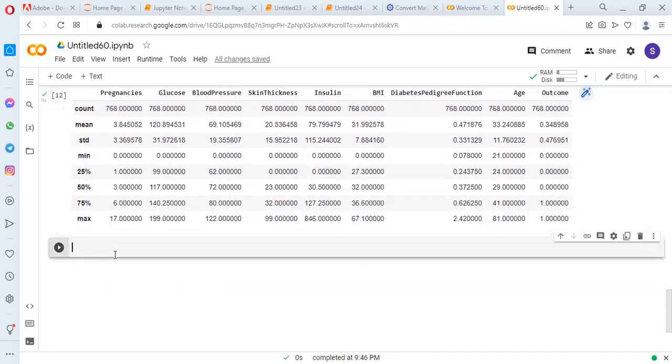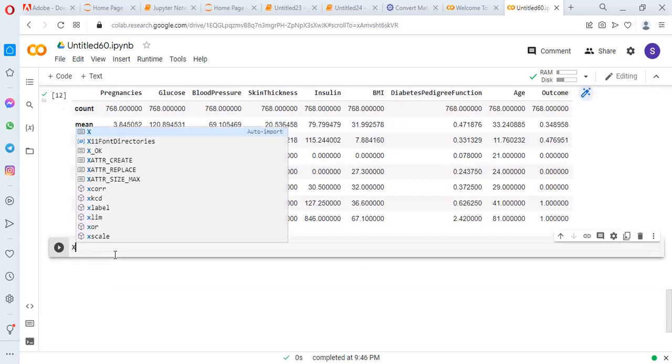Now, if I want to get or prepare the data from the data set, if I want to see the data from my data set, what will I write?